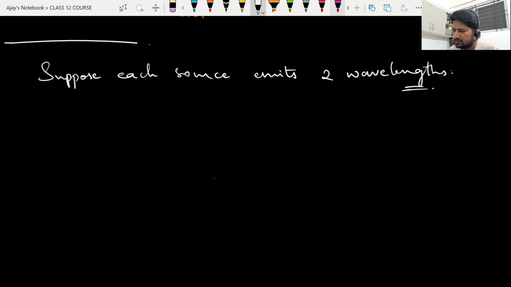Let's assume the colors are red and green. So situation will be like this. You can consider two sources. Let's say the first source of light is here and the next source of light is here. They are emitting lights of two wavelengths, red and green, with equal intensity.